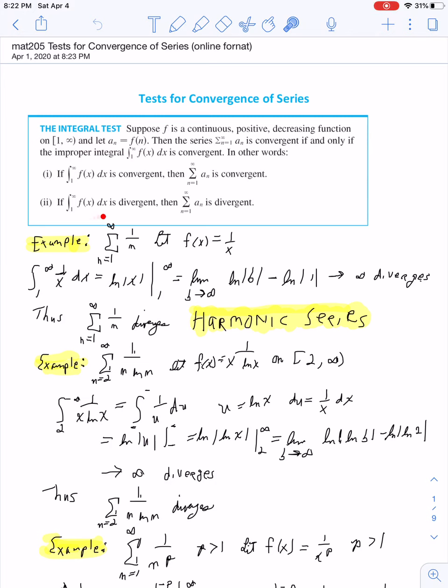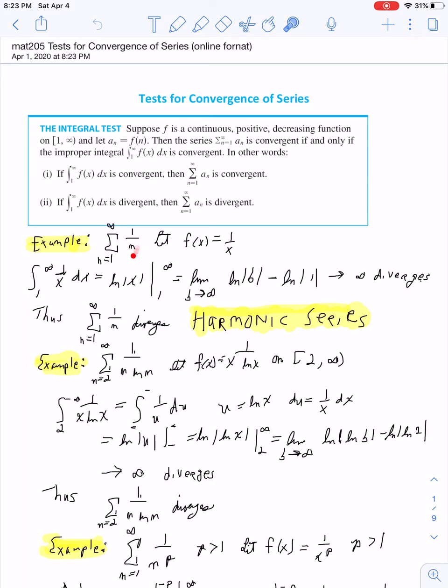To begin with, I'm going to look at this series right here, n running from 1 to infinity, 1 over n. So that series is what? 1 plus a half plus a third plus a quarter plus dot, dot, dot. So that's my series. What's my function?